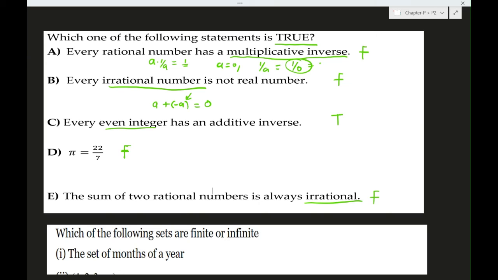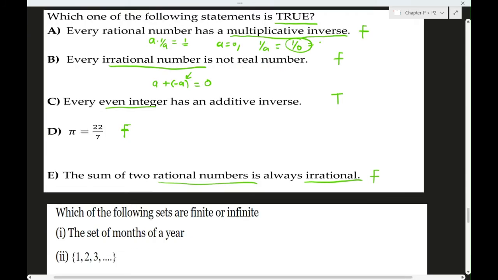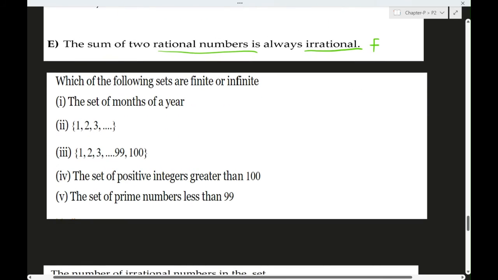Because let's take some rational numbers. If you take, for example, 2 plus 5, both are rational numbers. If you add, what do you get? You get 7. 7 is still a rational number. So this is not a true statement, because this one says the sum of two rational numbers is always irrational. This is false. Okay, let's see. Look at this one.